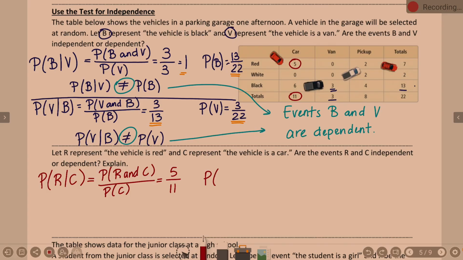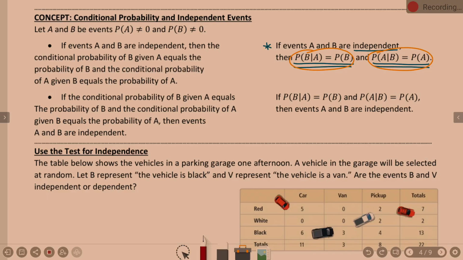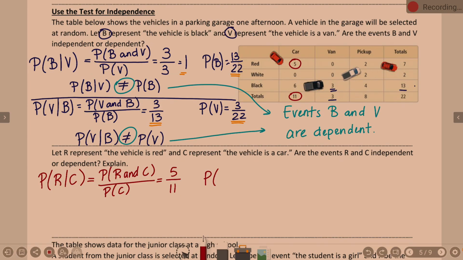The probability of R or C. Go back up and look. It's always you're comparing it to the probability of the first one. So probability of red. How many red vehicles do we have out of how many total vehicles? 7 and 22. Okay, 7 out of 22.